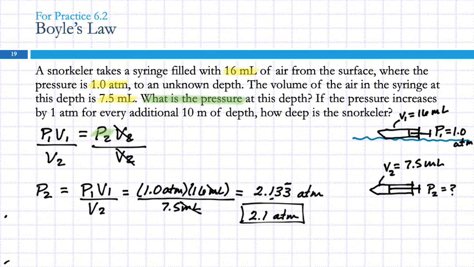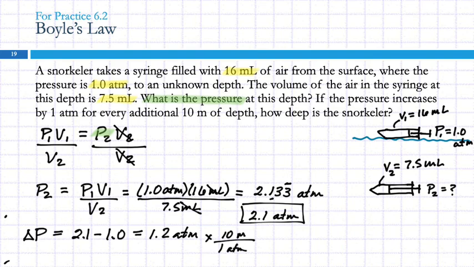So the change in pressure, 2.1 minus 1, is a total of 1.2 atmospheres that it changed. So you get 1 atmosphere for every 10 meters, 10 meters for every 1 atmosphere, and you end up with 12 meters.